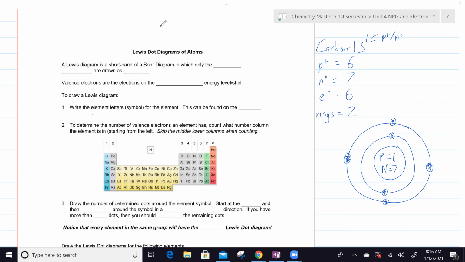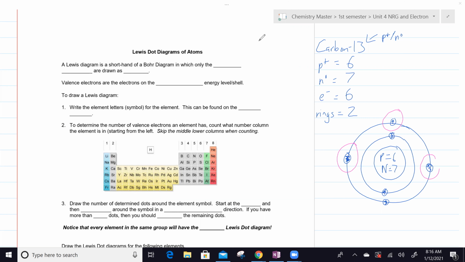So the reason why Bohr diagrams are important is because now we get to look at the electrons.